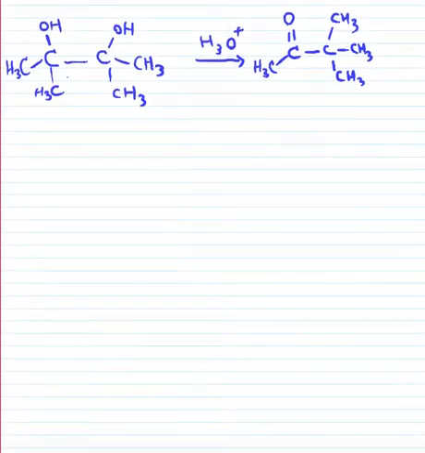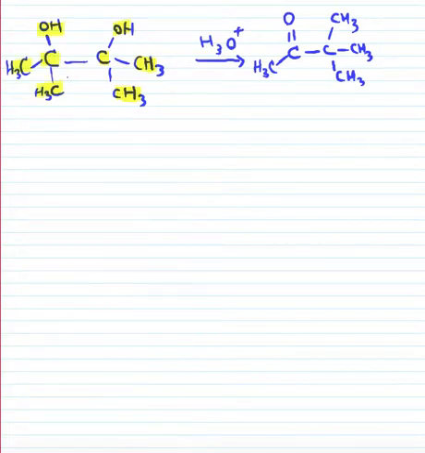Okay, so let's move on to the second one. Okay, so first of all, let's just take a second and look at the products and the substrate. So if I look closely, I see that this carbon is attached to two alkyl groups and one OH. This carbon is the same, one OH and two alkyl groups.